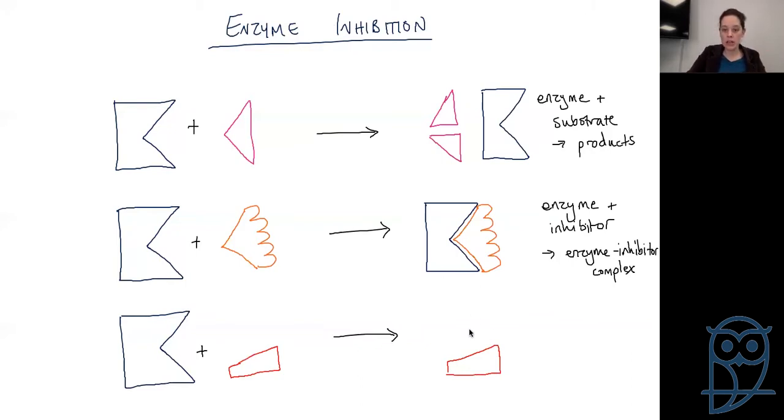We're going to change its shape. So now our enzyme is going to look something along the lines of, in our imaginary world, that. Just neaten that up a bit. Okay. And now, if our pink substrate comes along, there is no functional active site.